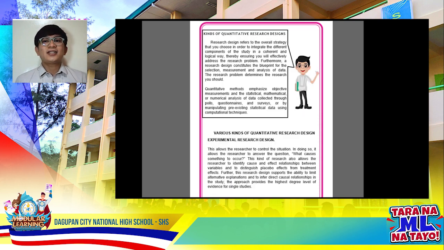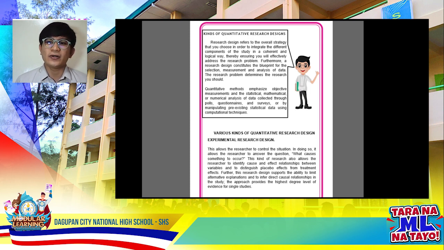Now, we need to know also the kinds of quantitative research design. So basically, you have there 2 types of research design. The first one is the experimental research design, and the second one is the non-experimental research design. When we say experimental research design, this allows the researcher to control the situation.